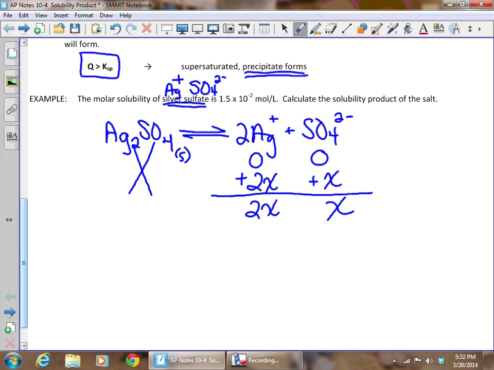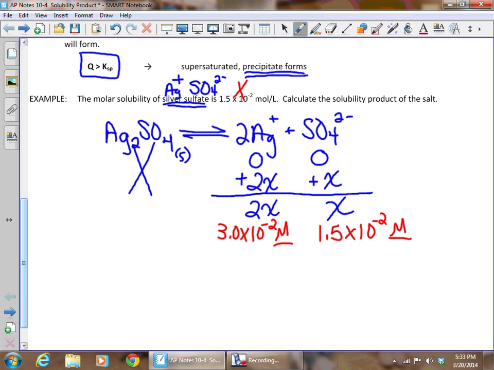And since we know the molar solubility is 1.5 times 10 to the minus second, and we know that, remember, is x, then the sulfate ion concentration is going to be 1.5 times 10 to the minus second molar. And the silver ion concentration will be double that, 3.0 times 10 to the minus second molar.